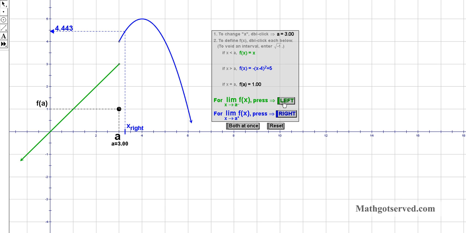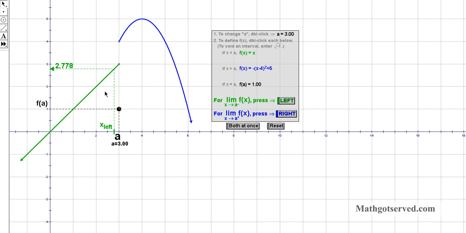See what's happening here. From the left, what's happening? You notice that as the x value is getting arbitrarily close to this a value, which is 3, what is happening to the function? What value is the function approaching? Let me show you again. You see as it's getting closer and closer, what value is it approaching? You can see as it's getting closer and closer to a, which is 3, the function is getting closer and closer to 3.